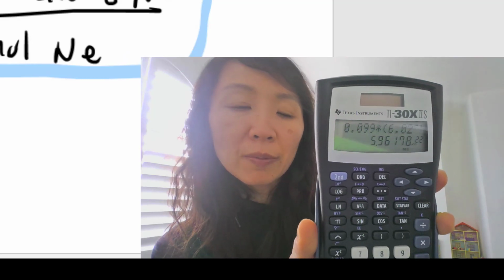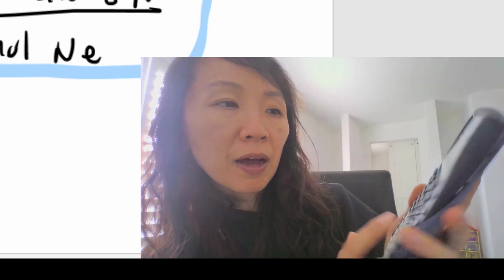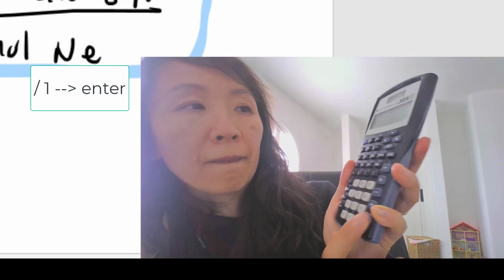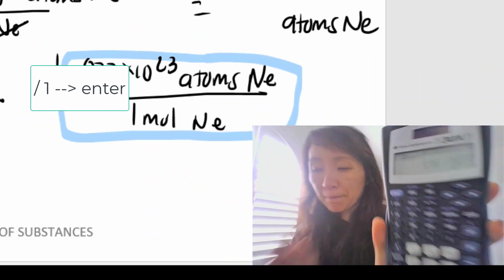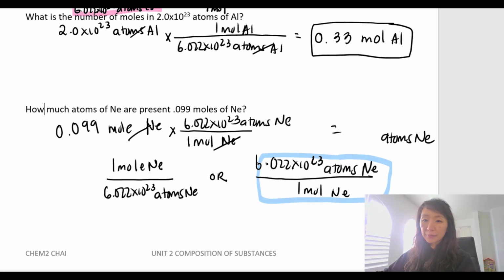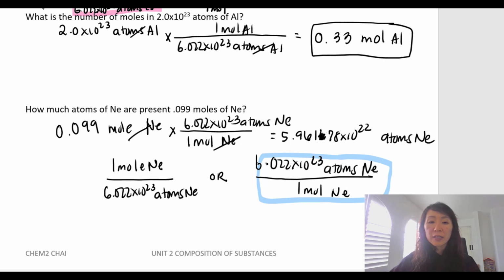Okay, we took care of everything on top, and now we need to take care of the bottom, divided by just 1. That's what I get, which would be 5.9616178 times 10 to the 22, based on what the calculation said. But there are 2 sig figs here, so I should end up with 2 sig figs, and that's 6.0 times 10 to the 22 atoms of neon.